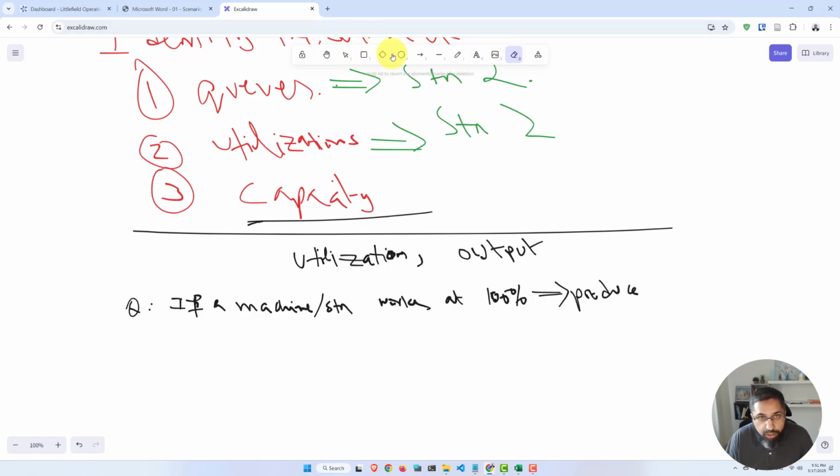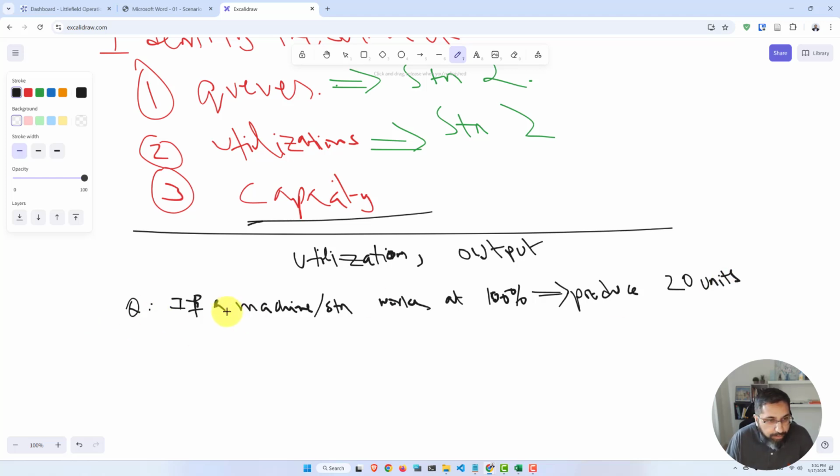If by working at 100% utilization for a day it produces 20 units, what is its capacity? Hopefully with a little reflection, you can see that its capacity is just going to be its output. Capacity equals 20 units, because it worked at 100% utilization. It didn't take any idle time or downtime. So that is by definition what capacity means: the maximum output you can achieve.